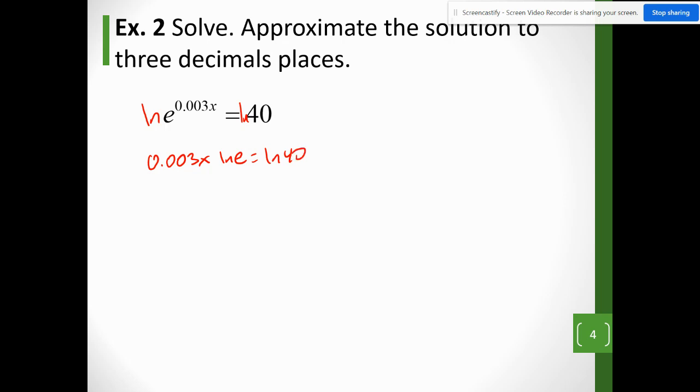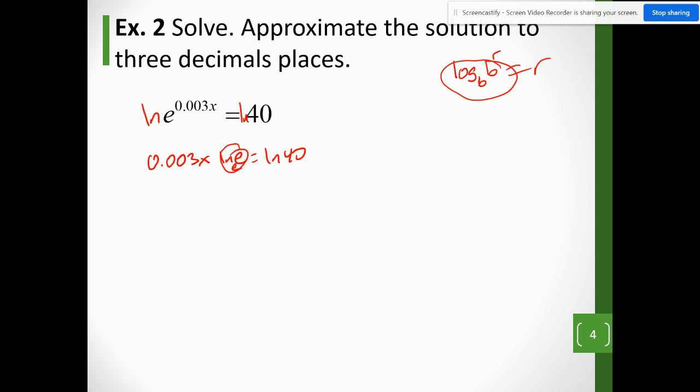Let me remember a rule. Remember how we used to do log base b of b to the r? Remember how we used to say this is just equal to r? Because this whole thing cancels out. Didn't I say earlier that ln, the base is e? So isn't this just log base e of e?